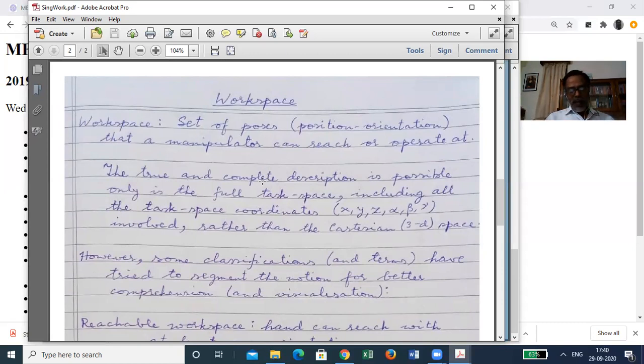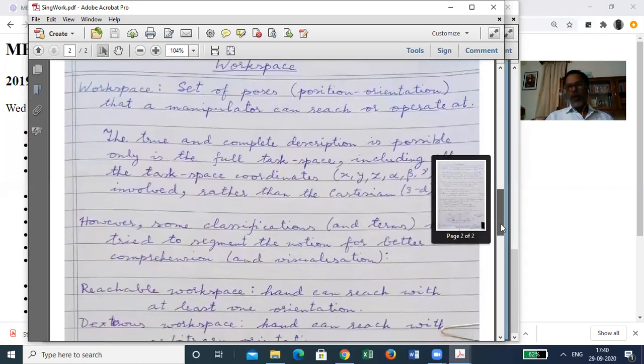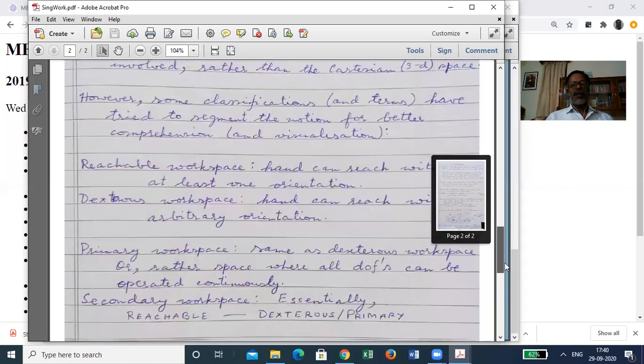And while doing these projections, in literature, you will find that people have made this kind of workspace, that kind of workspace, and so on. Okay. So some classifications and terms involved have tried to segment the notion for better comprehension and visualization in 3D spaces or 2D for planar purposes.